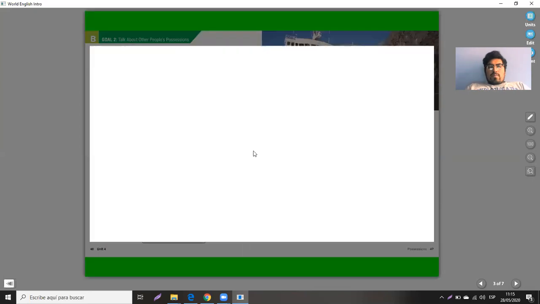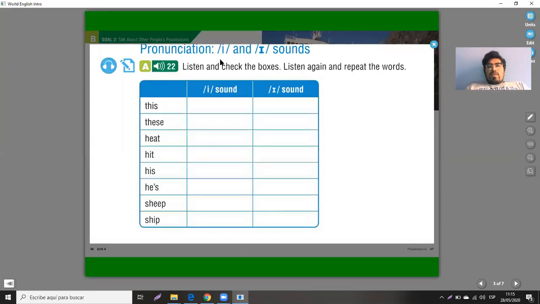So, this is a really important thing, okay? This is phonetics, phonetica, okay? You have two phonetic sounds, two vowels, two vocales.